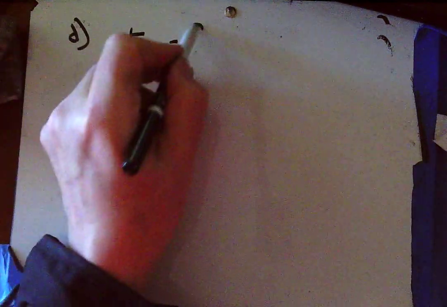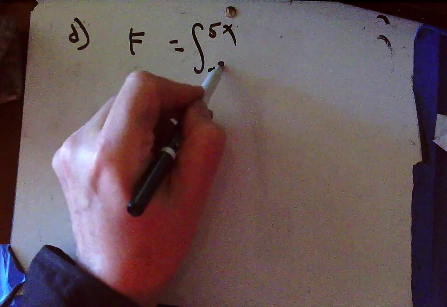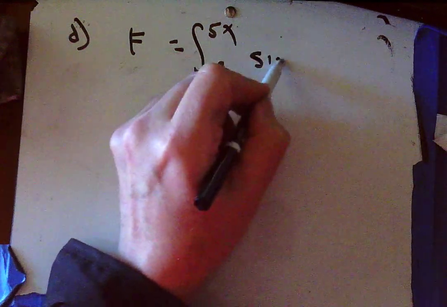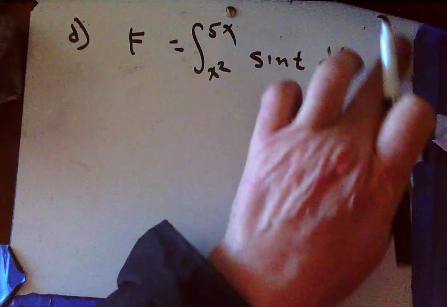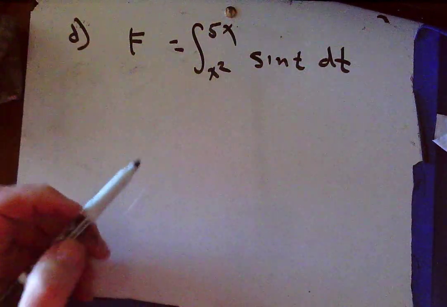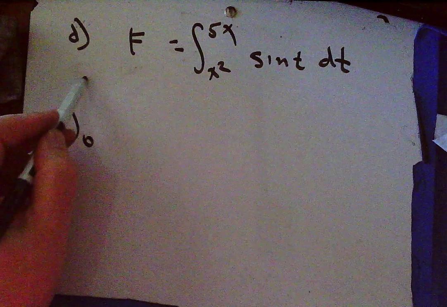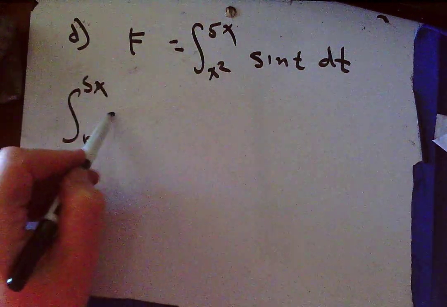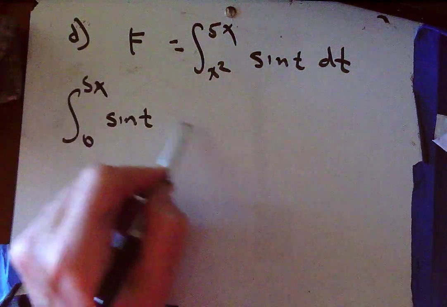All right, last one on this station, part D, big F of x is the integral to x squared of sine t dt. Now at this point we might have done enough of these that you don't need to split this into two integrals, but I always feel much more confident when I do.